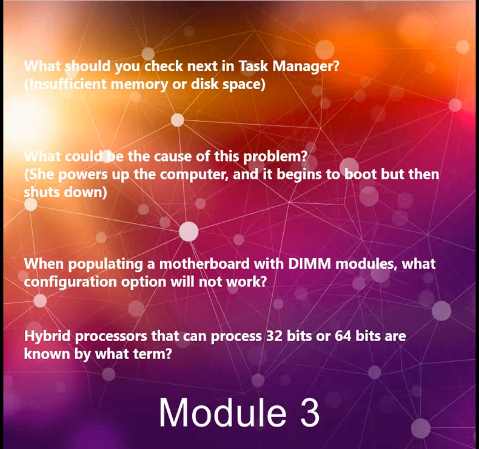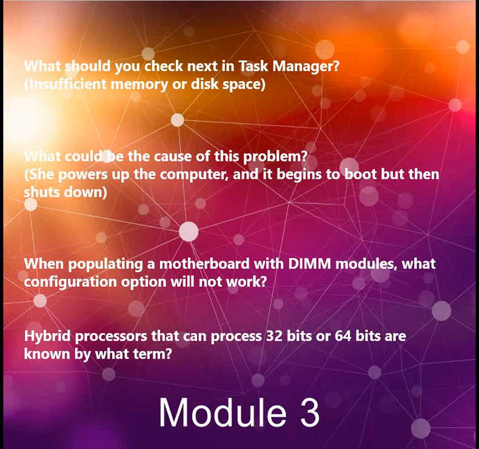The last option and the correct option is mixing unbuffered and registered memory, and that can be found on page 117 in the text. All right. So we got mixing unbuffered and registered memory. The next one, question 4: hybrid processors that can process 32 bits or 64 bits are known by what term?